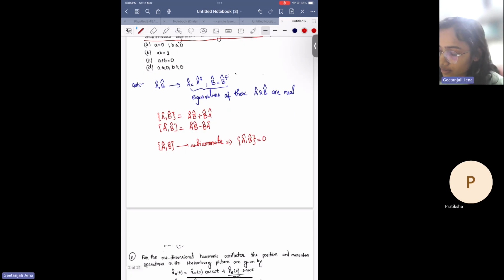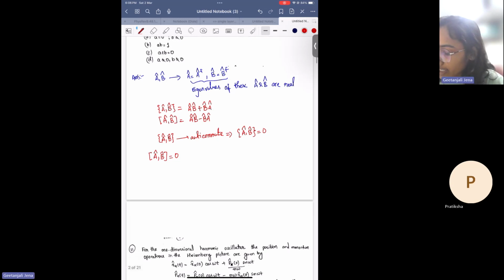You know that for two different operators to have the same eigenstates, the commutation relation of these two operators should be 0. So if they commute with each other, then you can tell that these two operators will have the same eigenstate. So let's see.